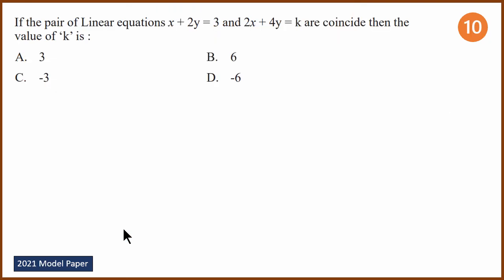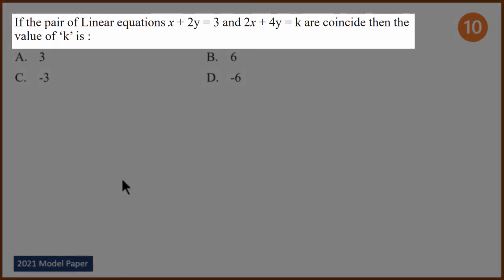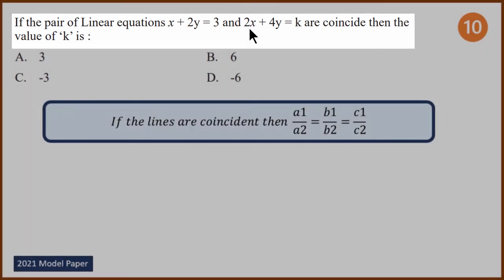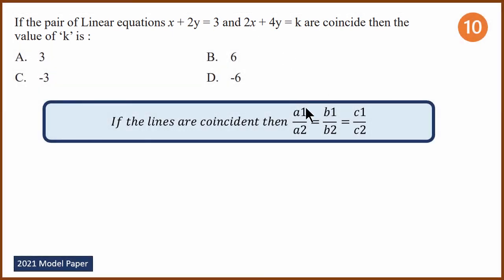Okay. Last question. If a pair of linear equations, x plus 2y equals 3 and 2x plus 4y equals k, coincide, that means they're on top of each other, then find the value of k. So what does coinciding lines mean? Coinciding lines means that all three ratios are the same, correct? First, we have to write down the equation in standard form.